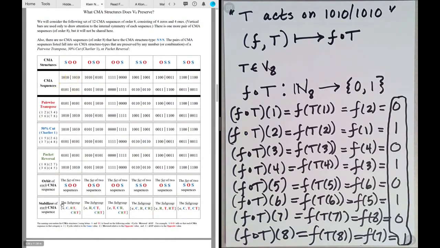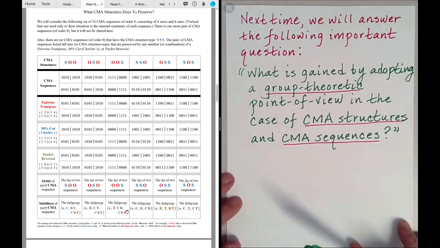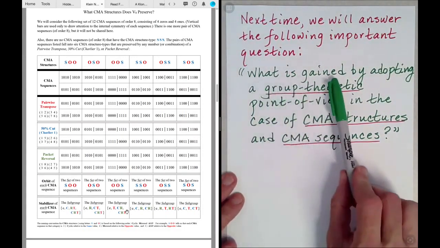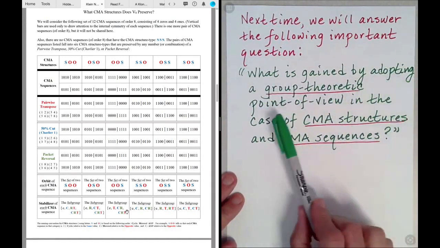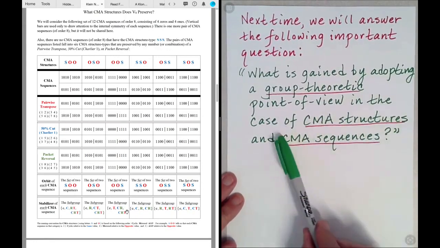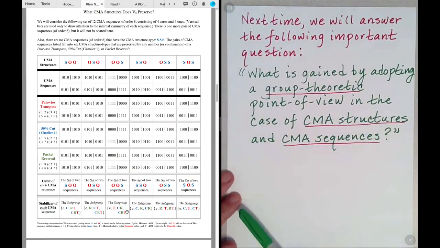Now, before we finish, it's important to talk about what will be the central focus of our next class video. We will be answering a very important question. What is actually gained by adopting a group theoretic point of view in the case of CMA structures and CMA sequences?